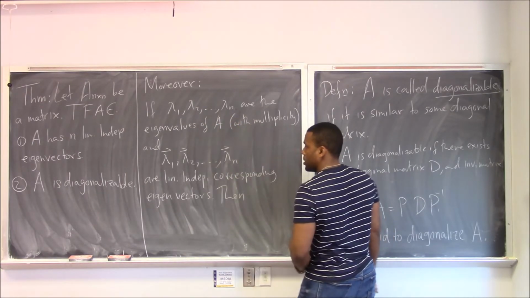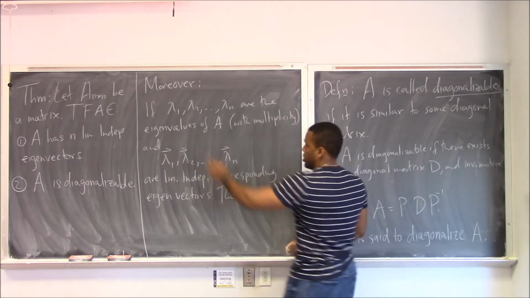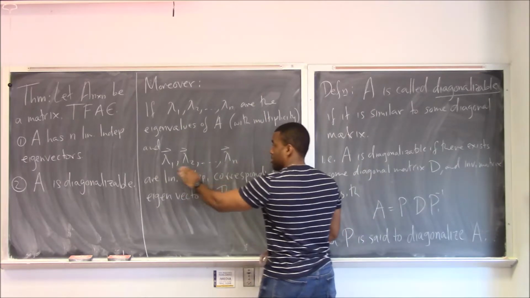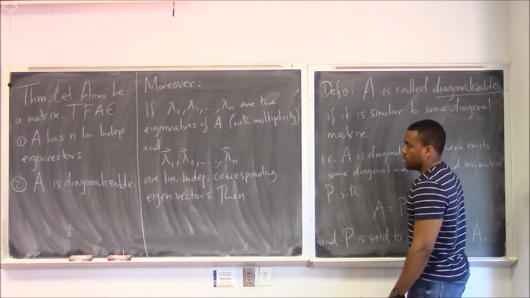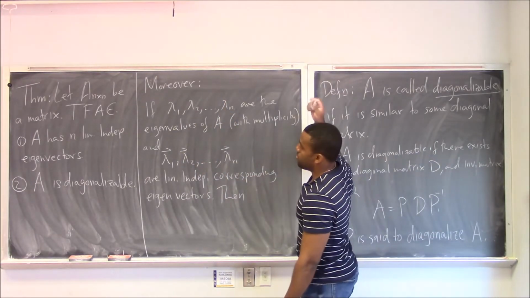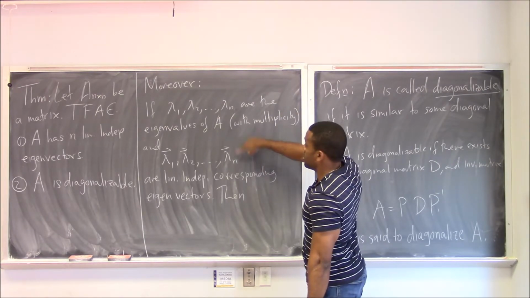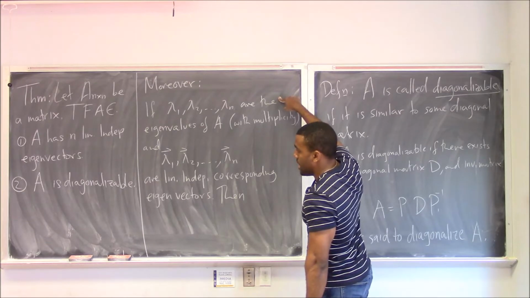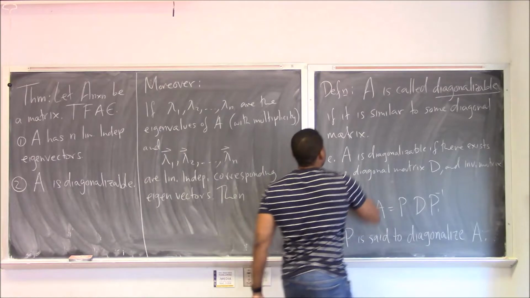I can repeat them, so that's if your polynomial has repeated roots, that's possible. Still just line them up, make sure you line up the vectors in the same order. So if I know a matrix has n linearly independent eigenvectors corresponding to these eigenvalues, I can tell you exactly what matrices will diagonalize A.